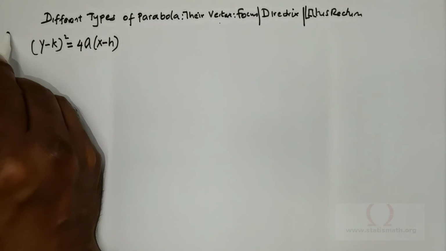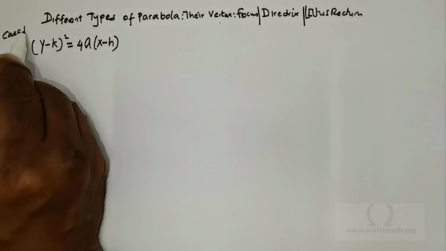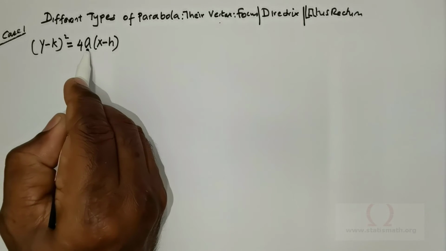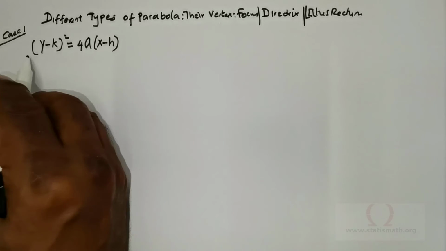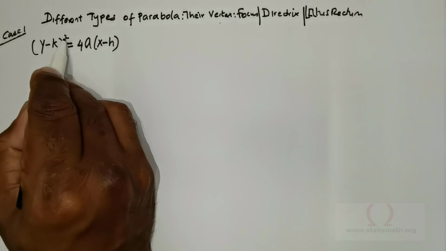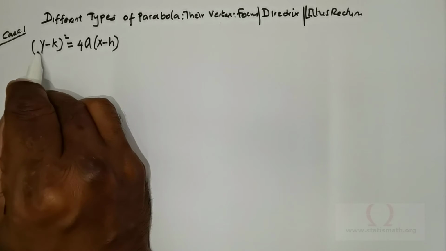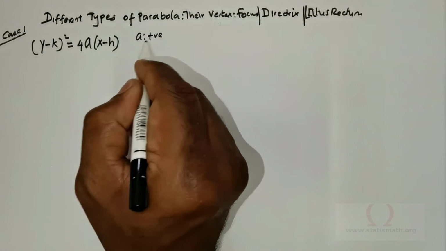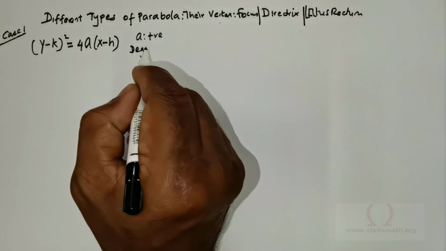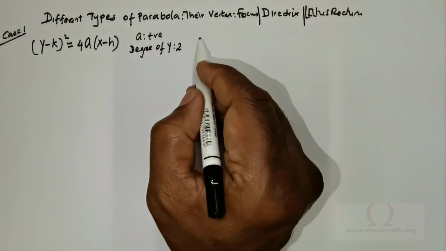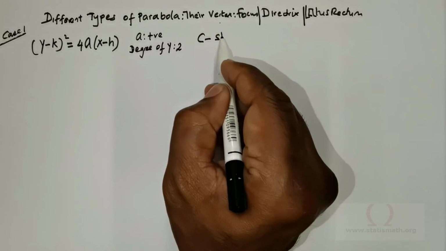So first we will study about (y minus k) raised to the power 2 is equal to 4a times (x minus h). Now this is a parabola which has a degree of 2 for the y variable. Now a is positive and the degree of y is 2. So it is a C-shaped parabola.